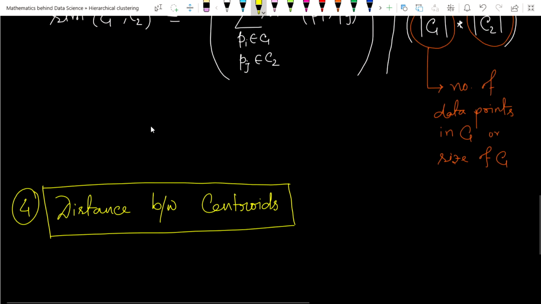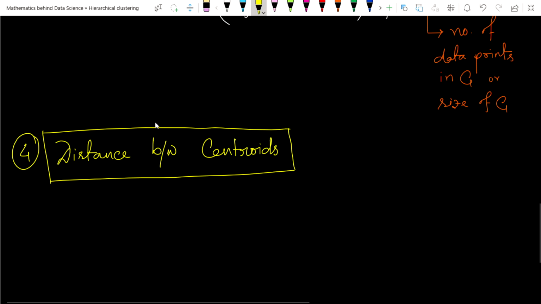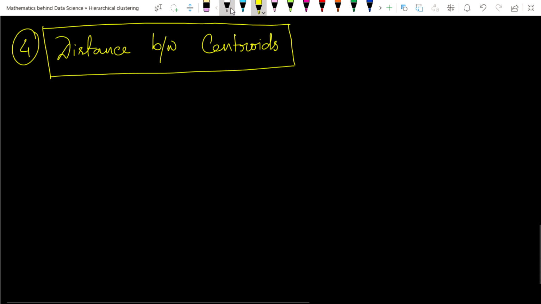Using this centroid distance, the distance of the two centroids, we have to make this value. So this value will now be the similarity.